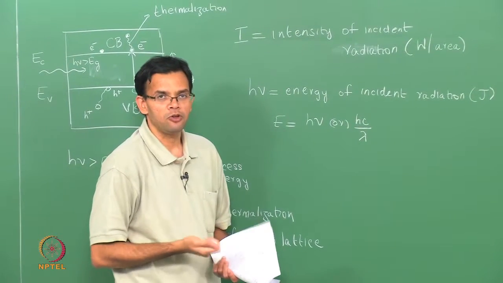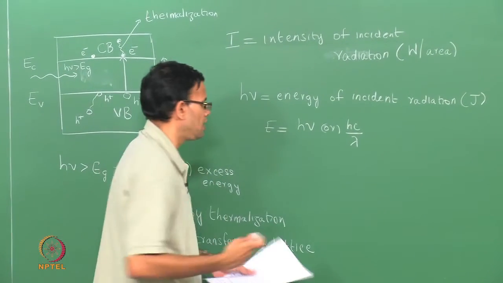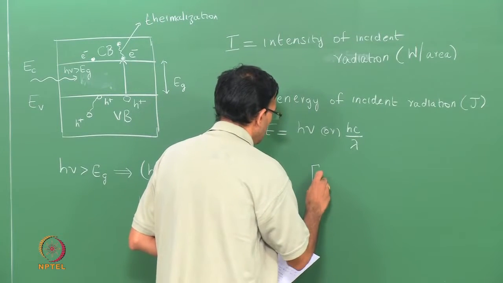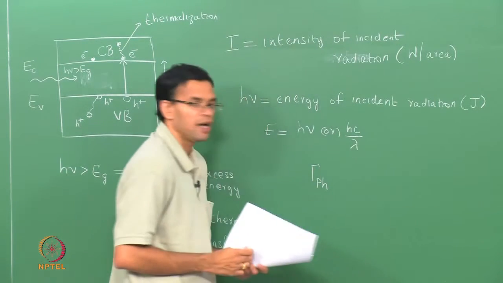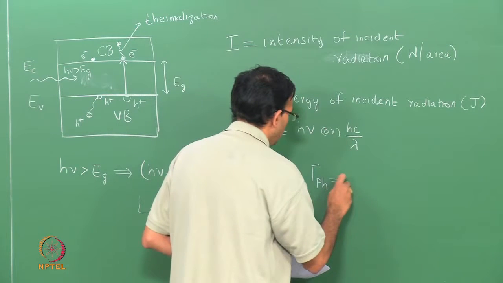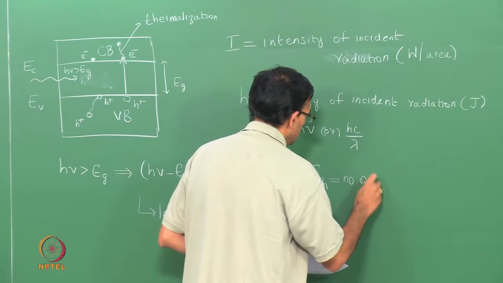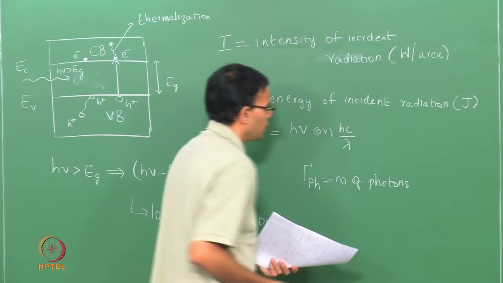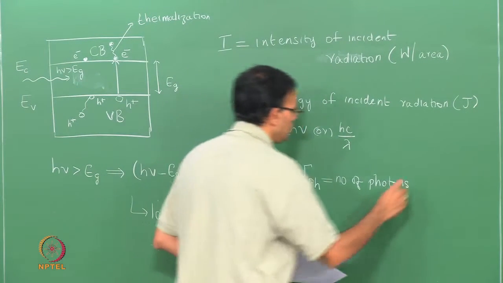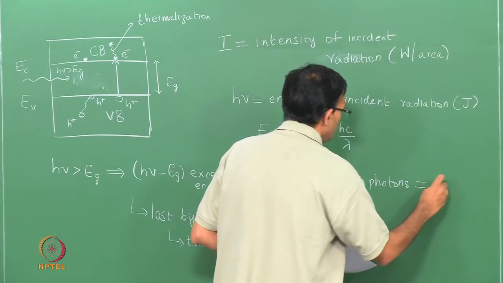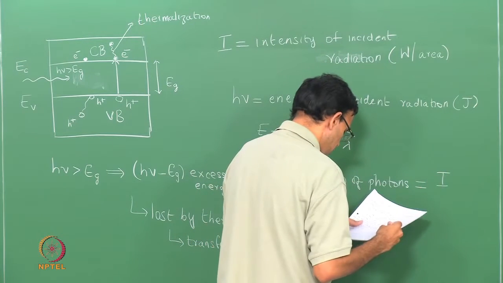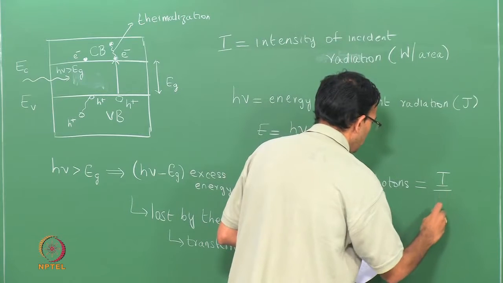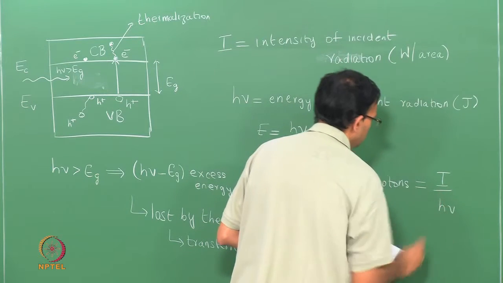the number of photons that are incident on your sample at the surface, phi, is the number of photons which is incident at your sample, and is nothing but I over the energy, so, over h mu.